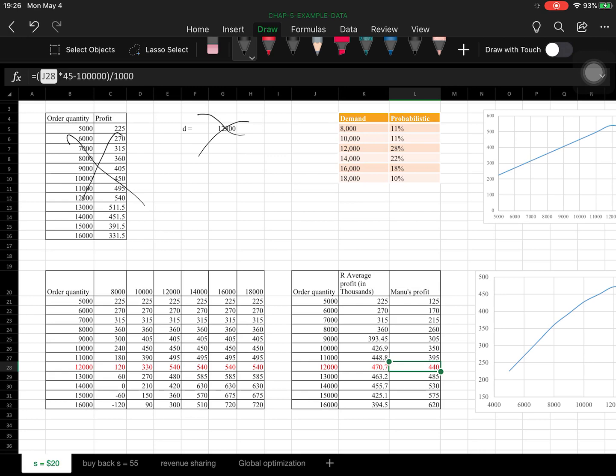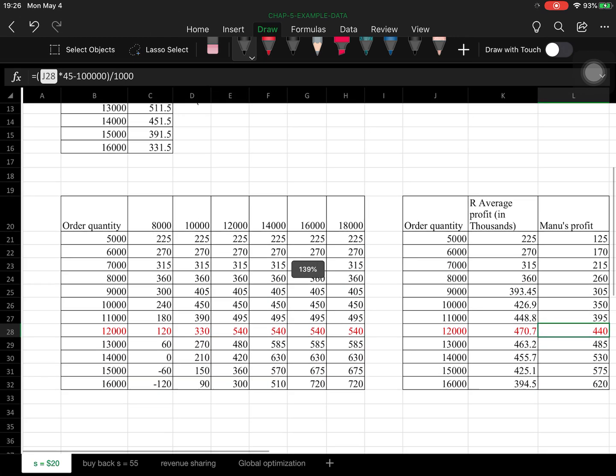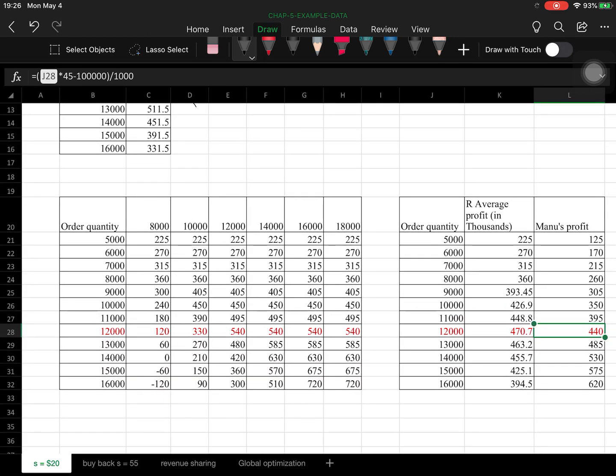So we can see how to calculate their profit here. From here to here is the profit of the retailer.